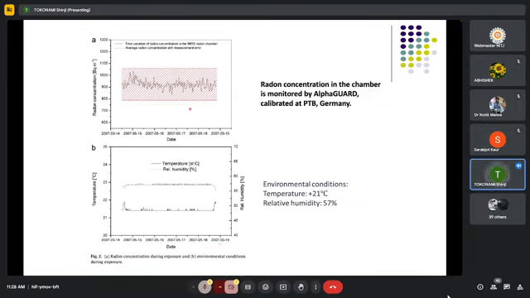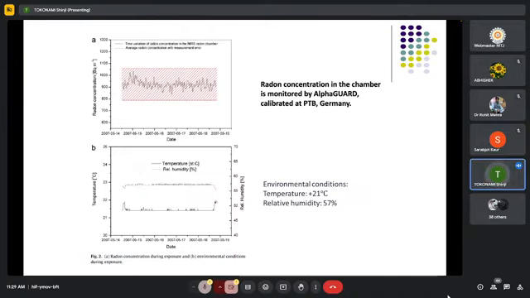This shows the time variation of radon concentrations in our radon chamber. The radon concentration in the chamber is monitored by AlphaGuard calibrated at PTB, Germany. In this exposure test, we also monitored temperature and humidity.